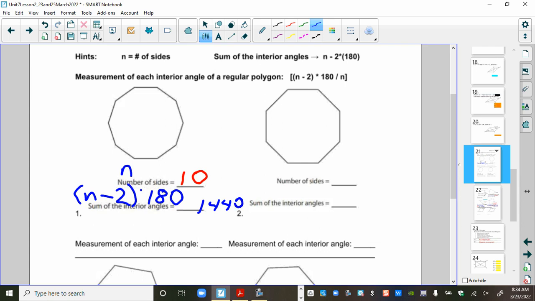And here's how you're going to make this last one very easy. Take the 1440. If you want to put a fraction bar, put that 10 underneath to get this last number down here. That's all you have to do. So basically, that's going to be for the first four.